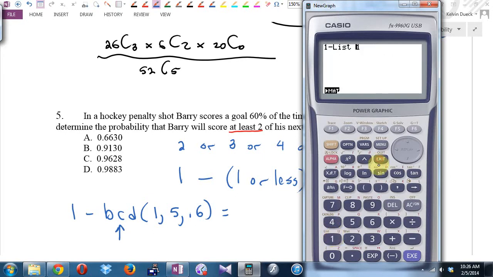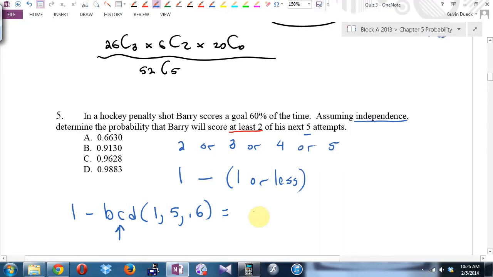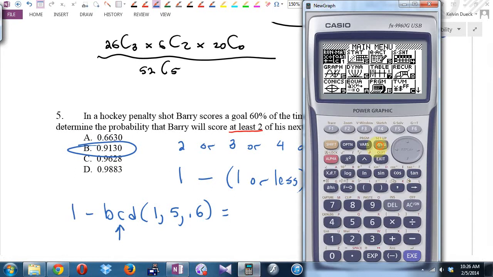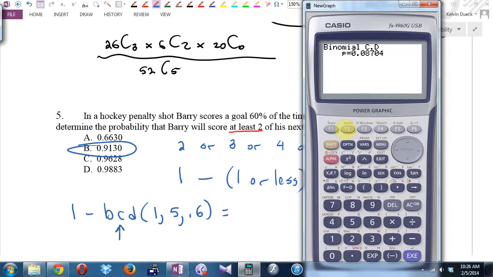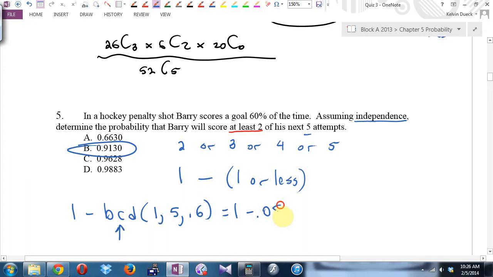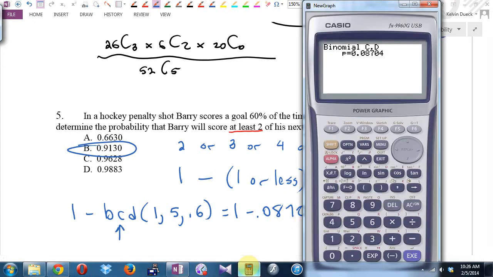Oh! Okay. What's the answer? B? It's going to be 1 takeaway 0.0870. 1 takeaway 0.08704. Is that right? Yeah. 1 minus 0.08704. B. You're going to find by the 3rd or 4th decimal we might be a bit off.